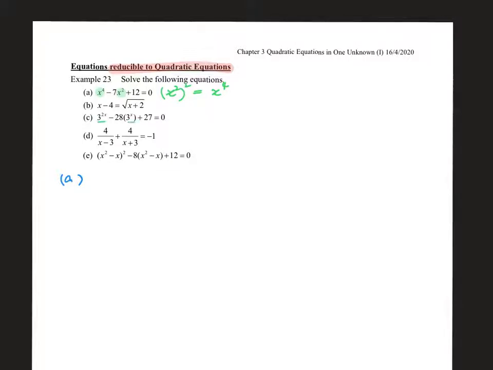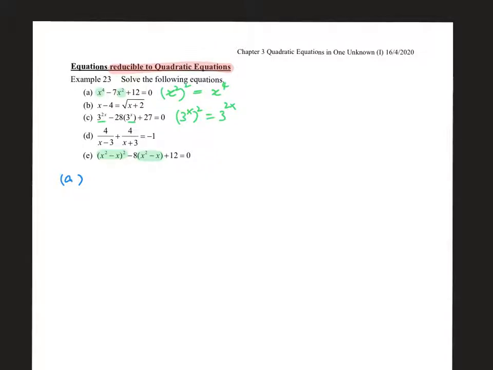Like in part C, 3 to the power x squared is 3 to the power 2x. Can you see it? And you can also see the last one, x squared minus x and (x squared minus x) bracket squared. When you identify these relations between the two terms in the question, that means the question may be reducible to quadratic. So let's start.